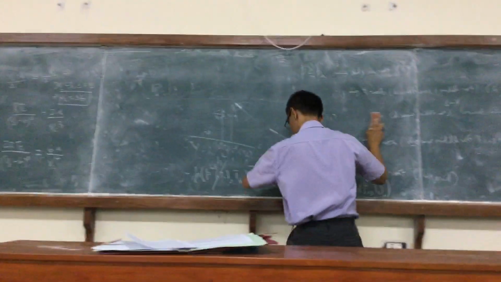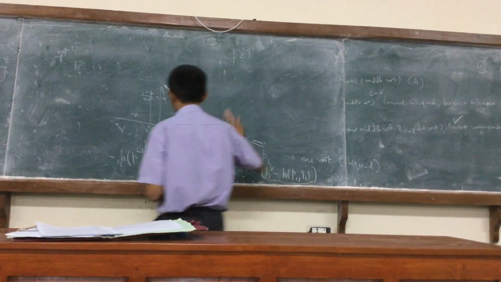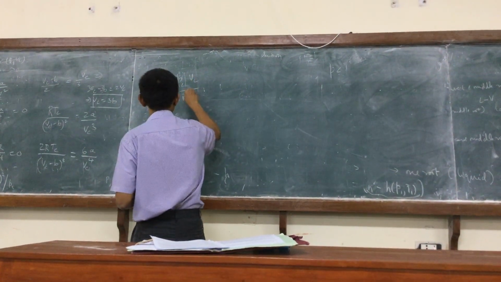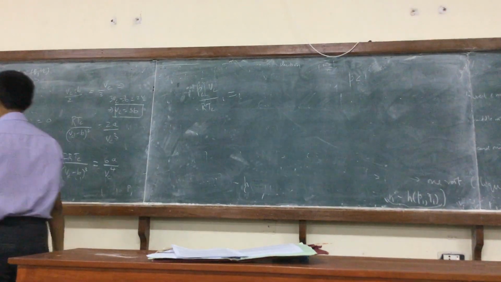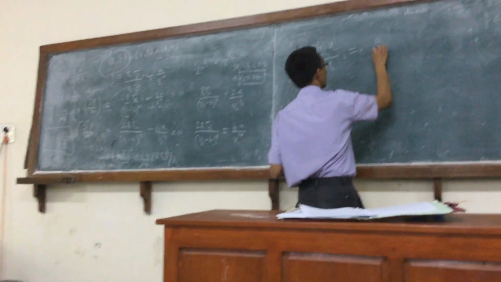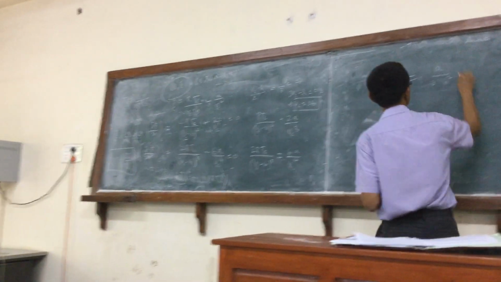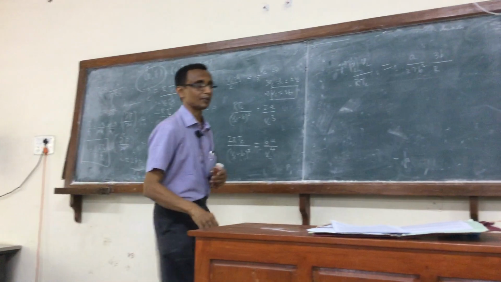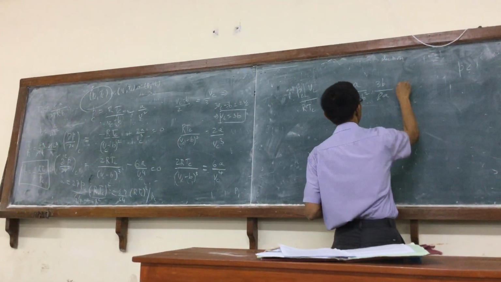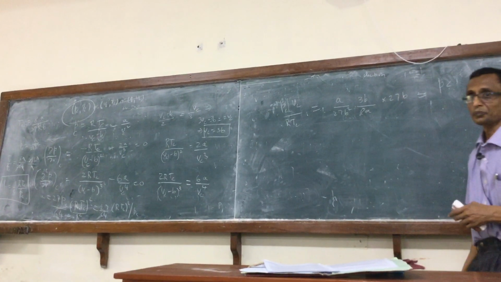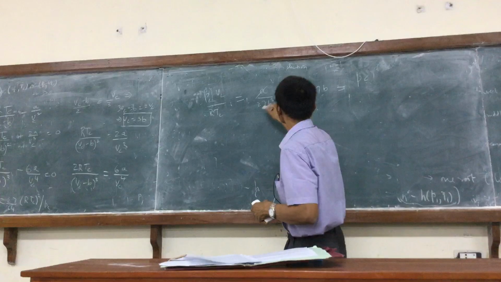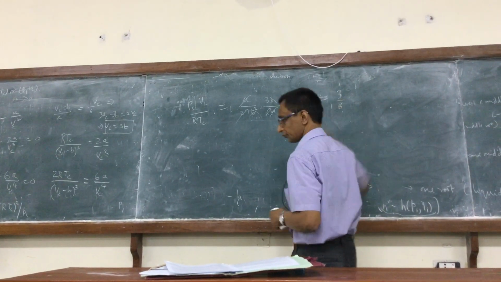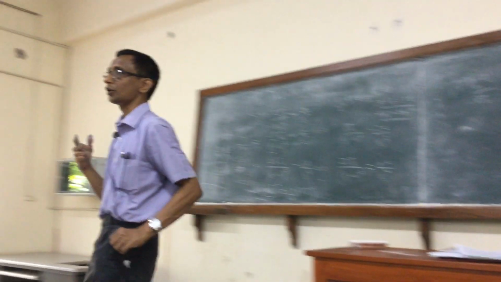Now you can also see that if I now take the product PC VC by R TC, the PC I have A by 27B square, VC is 3B, divided by R, or rather R TC is 8A by 27B. So what do I get? I get 3 over 8.